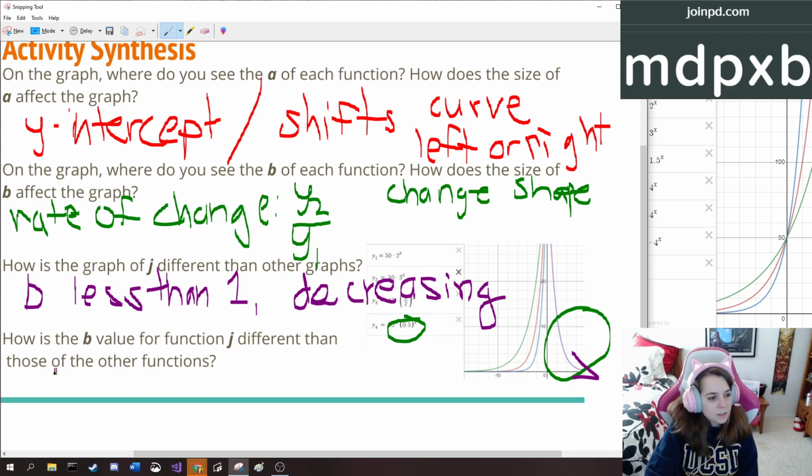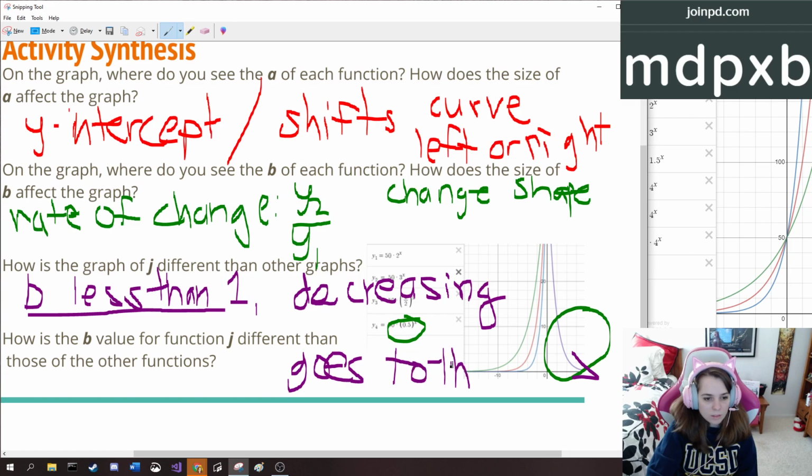So how is the b value different? Once again, it's less than 1. So this goes down to the right, because they're all going right.